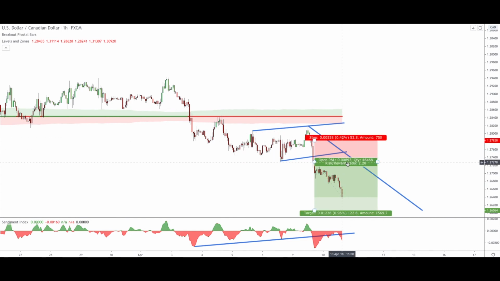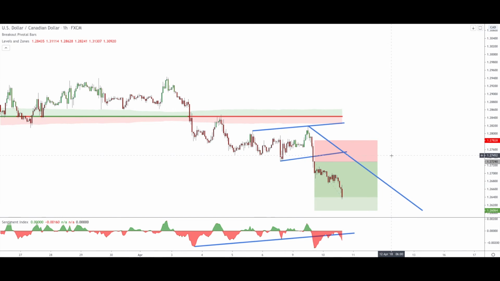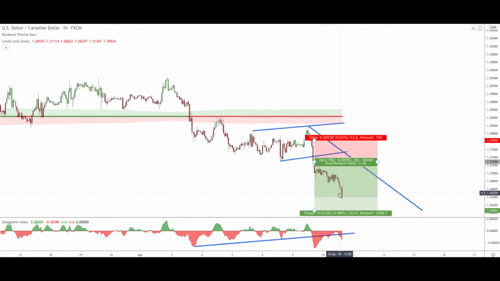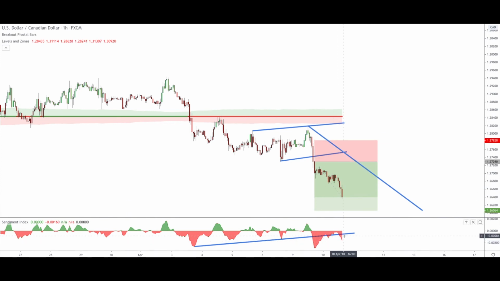The price actually never retested our entry level, so we just entered the trade and never went back up into the stop loss level. It's just moving down. The candles are red. The sentiment index is okay, so I don't see any particular issue with this trade. Let's just wait some more and see if we reach the target.